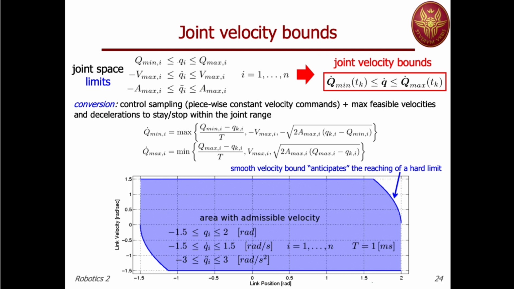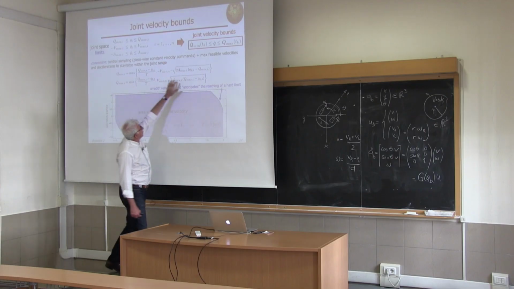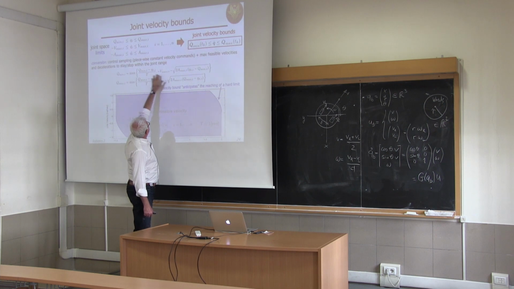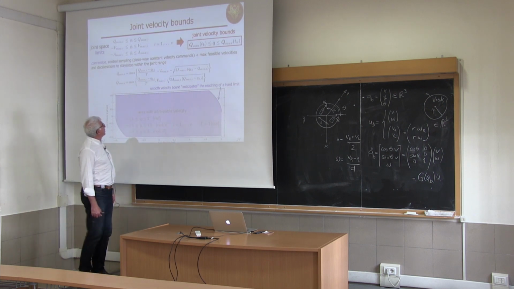And we can compute the highest lower bound and the lowest upper bound by combining the three inequalities above. So we will take the highest lower bound for joint I as the maximum of these three numbers, which include, of course, minus VI max, so the bound directly on the velocity.